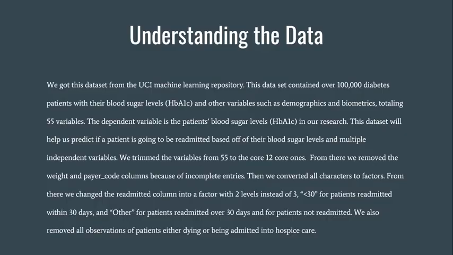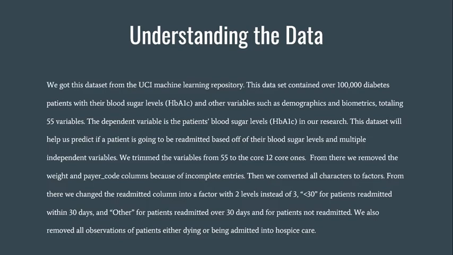So understanding the data. This data set that we found was from UCI machine learning, and this data set has over 100 diabetes patients with blood sugar levels and other variables such as demographics, which totals to 55.